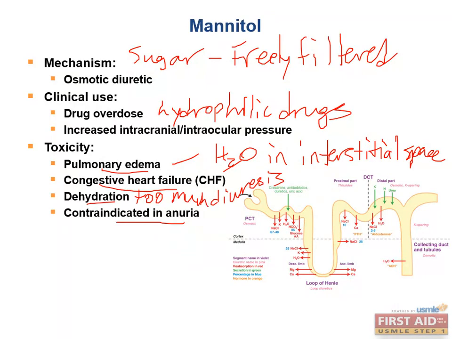And what happens if patients can't produce urine? They won't be able to excrete the mannitol that is given to them, and this will also pull water out of cells and into the interstitium. One last thing to mention. On your exam, look out for mannitol being given during neurosurgical procedures to reduce intracranial pressure.